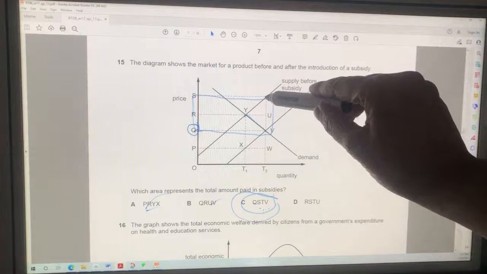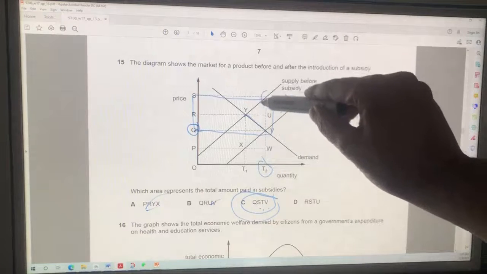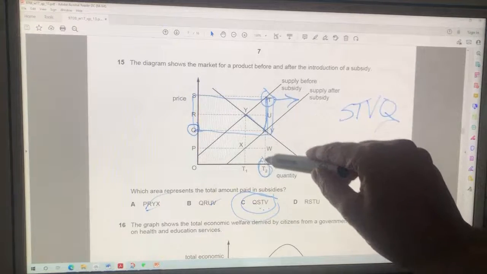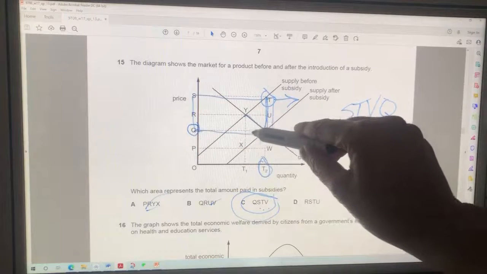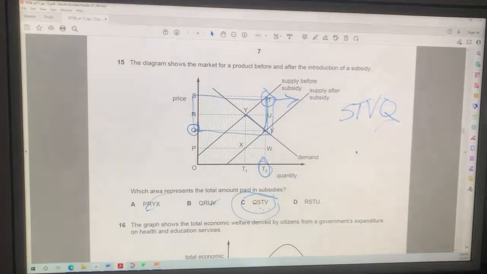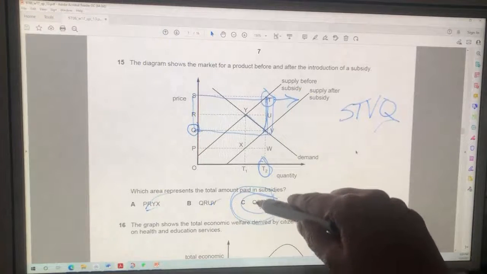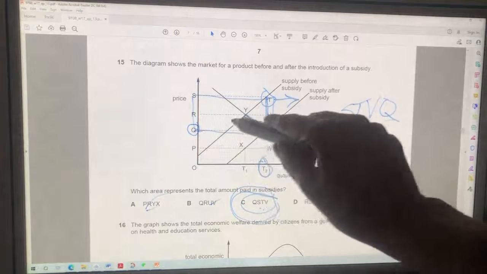And unfortunately, the costs before the subsidy at T2, the costs are at T. So the firm's costs are here for T2 quantity, but the price they could receive is Q. So the government must pay the difference. And the difference is, I say STVQ, they say QSTV.